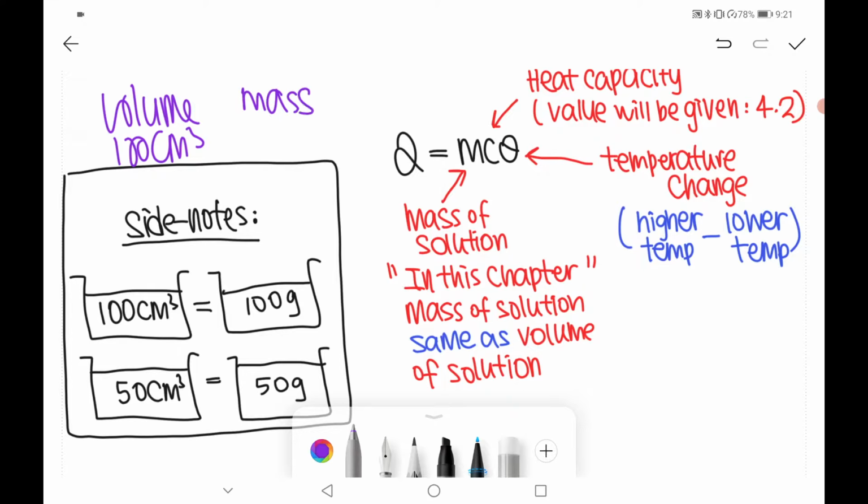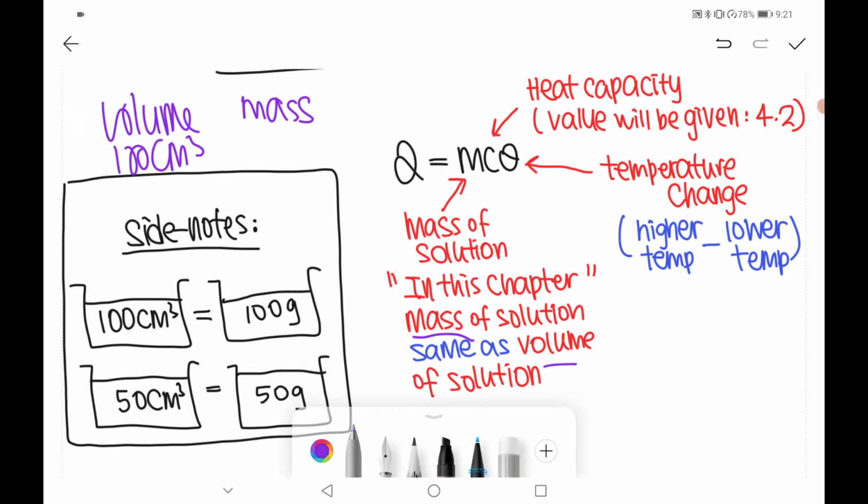Mass and volume are the same, so the mass is also 100. The unit for mass is gram. So if you know the volume of the solution, you will know the mass.